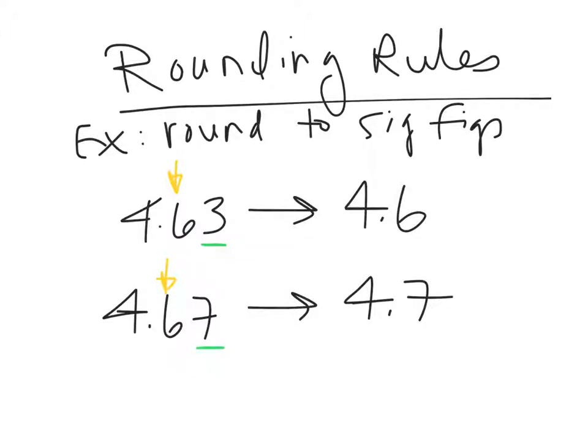And then, of course, the piece de resistance is if you have 4.65 and you want to round that one to 2 sig figs. So now we've got this 5, which is right smack dab in the middle. So in our class, we're going to do 5 and up means you round up. So in this case, we're going to round up to 4.7.